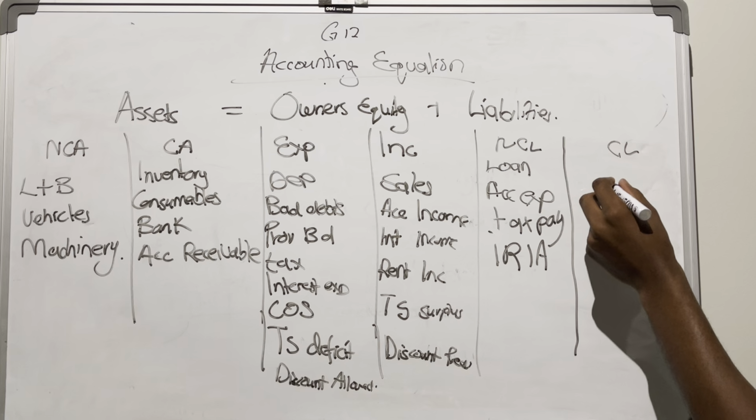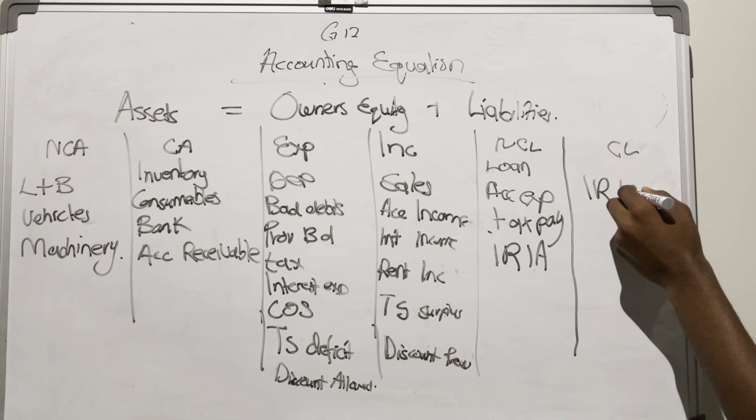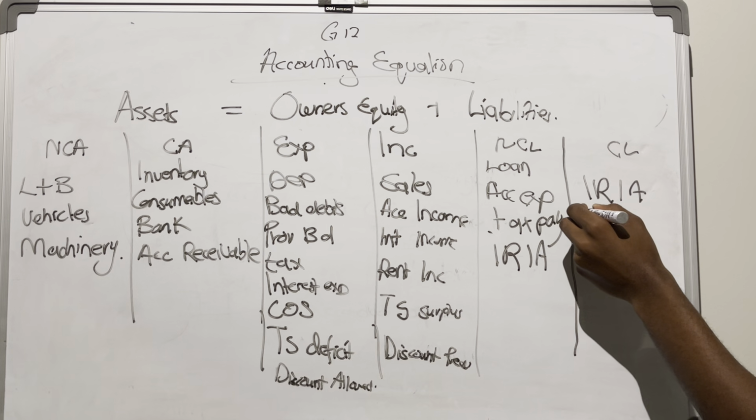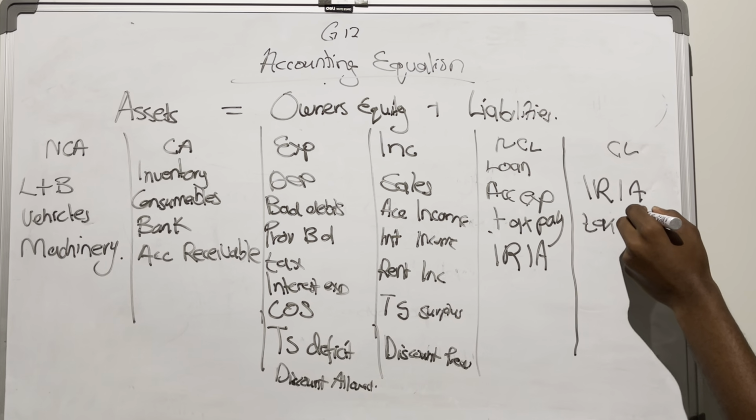These are current liabilities. Income received in advance, your tax payable.